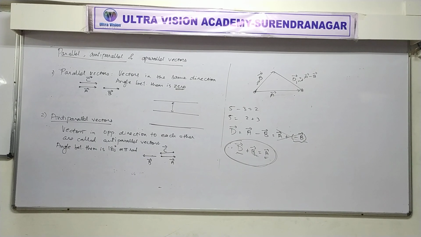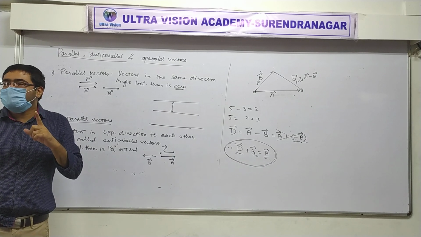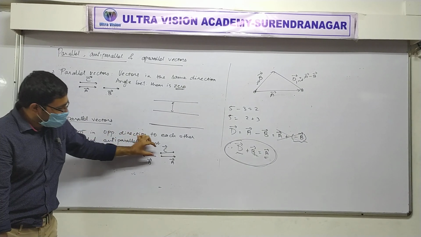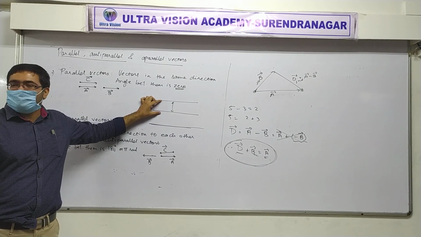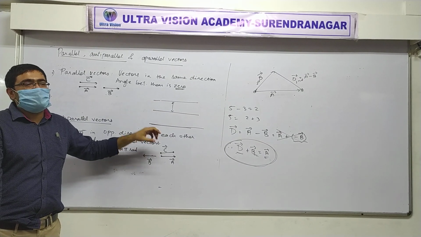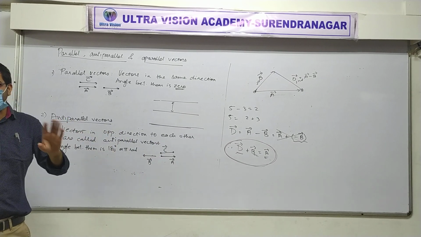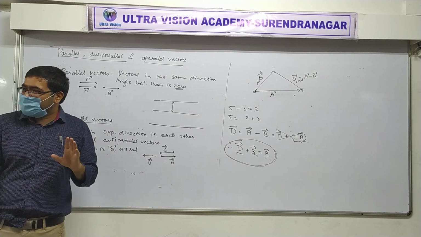Anti-parallel. Why? Opposite direction. They are in opposite direction. Clear. Right, that's good. For vectors, the definition of calling them parallel or not is entirely different from lines. Is that clear? Yes. Okay.